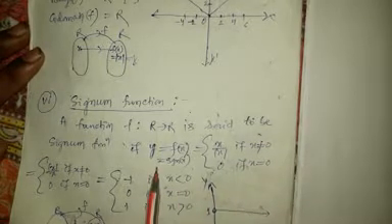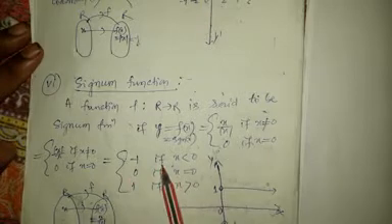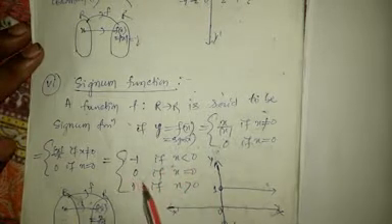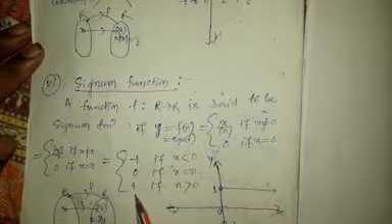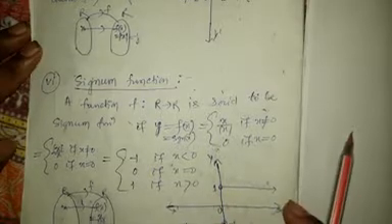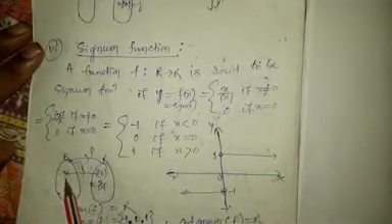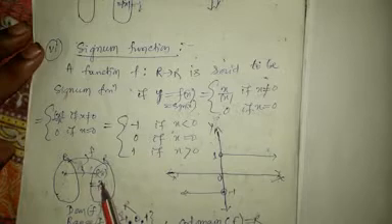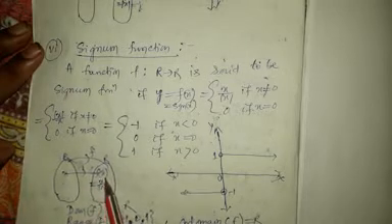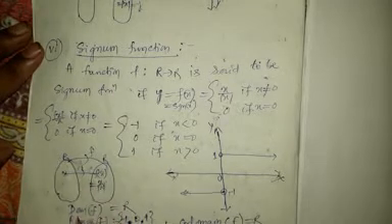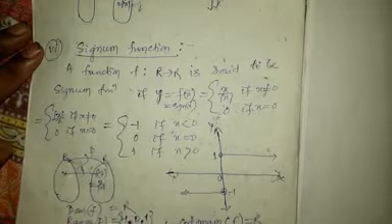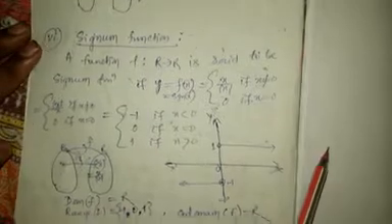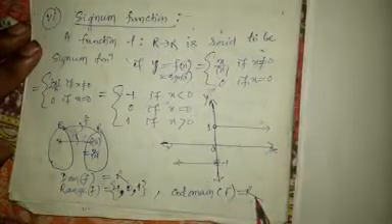That means minus 1 if x is less than 0, 0 if x is equal to 0, 1 if x is greater than 0. So here f of x is equal to x by modulus of x, or modulus of x by x. So domain of f is equal to real number, range of f is equal to minus 1, 0, 1. Codomain of f is equal to real number.